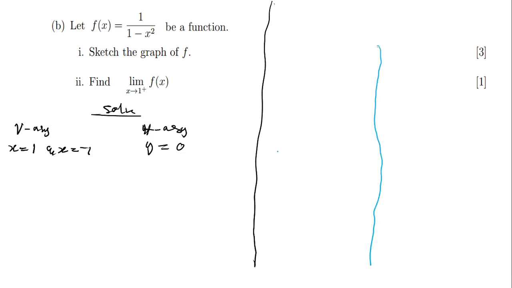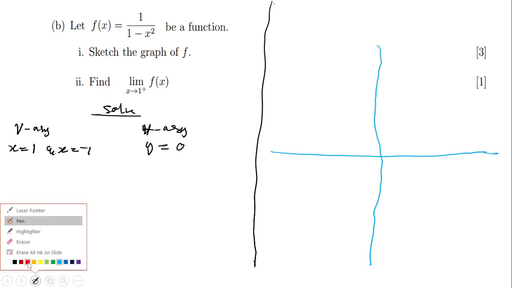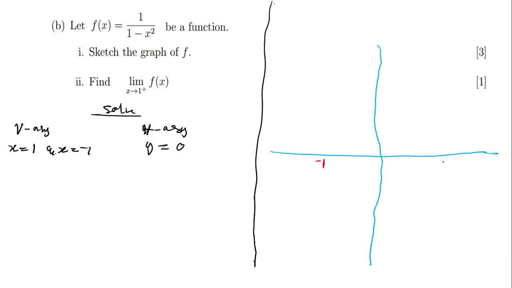So you have the x component and your y component. Then your next thing, which you are supposed to indicate on this graph, is your asymptotes. So that's your -1 and 1 there.